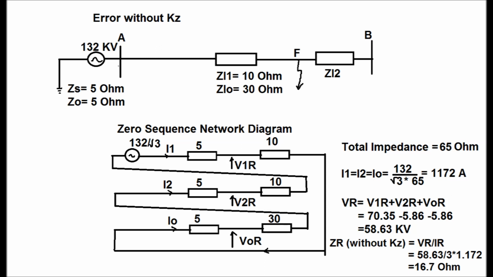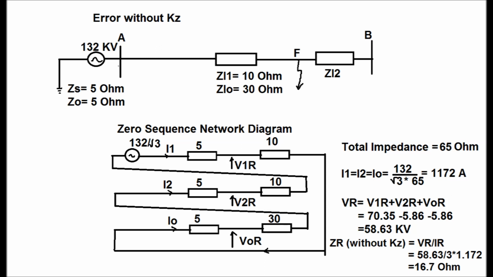Since VR is equal to V1R plus V2R plus V0R, which is equal to 70.35 minus 5.86 minus 5.86, that is 58.63 kV. So ZR is equal to 58.63 divided by IR, which is 3 into 1.172 kiloampere. So ZR comes as 16.7 ohm.